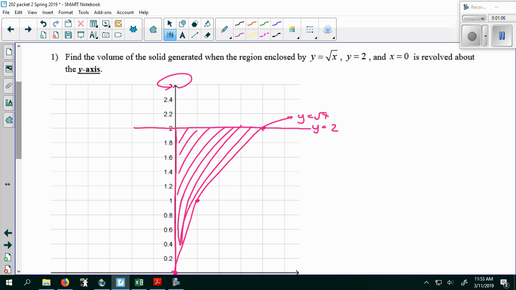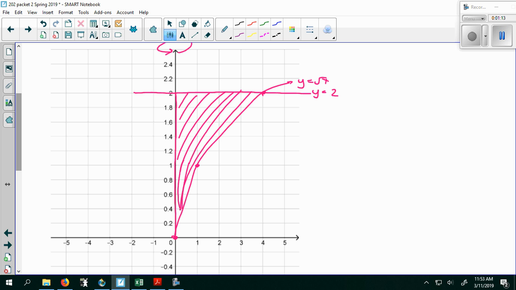Okay, so I'm going to pick a representative rectangle that's perpendicular to the axis of revolution. I'm going to draw a random rectangle here, at a randomly chosen spot along the y-axis.